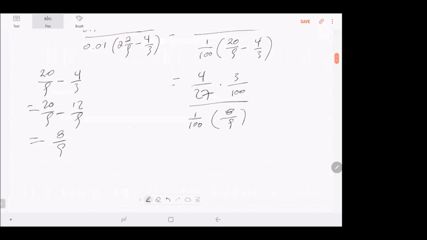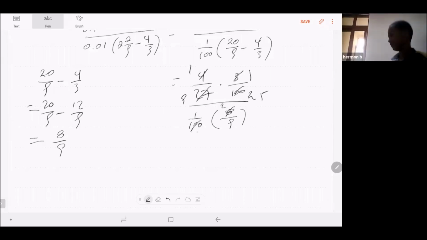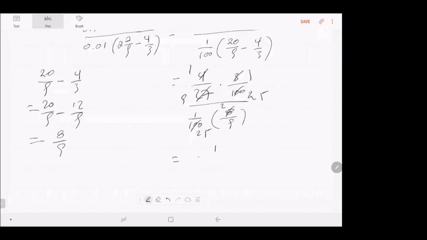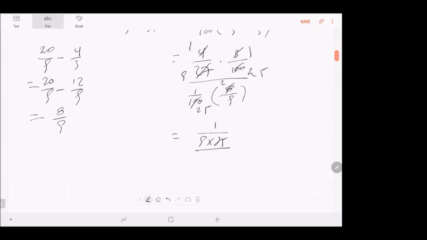But here, before you multiply numbers, if there are numbers that can be cancelled out, just cancel them first. So for example, by 3: 1 by 3, 9 by 4; 1 by 4, 25; again here by 4: 2 by 4, 5. So 1 times 1 is 1 over 9 times 25, whole over again 1 times 2 is 2 over 25 times 9.